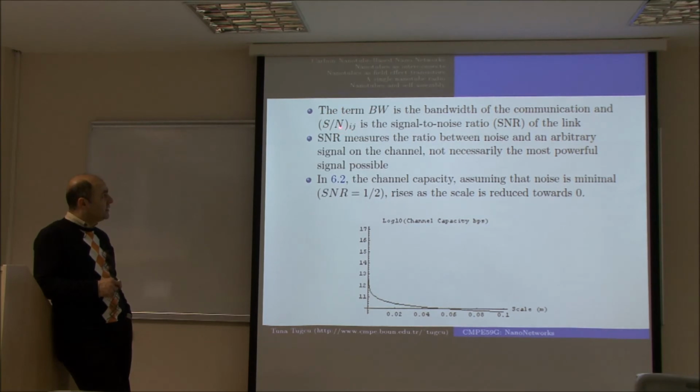And SNR is, as we said, the signal to noise ratio of that link between I and J. And SNR measures the ratio between the noise and an arbitrary signal on the channel.